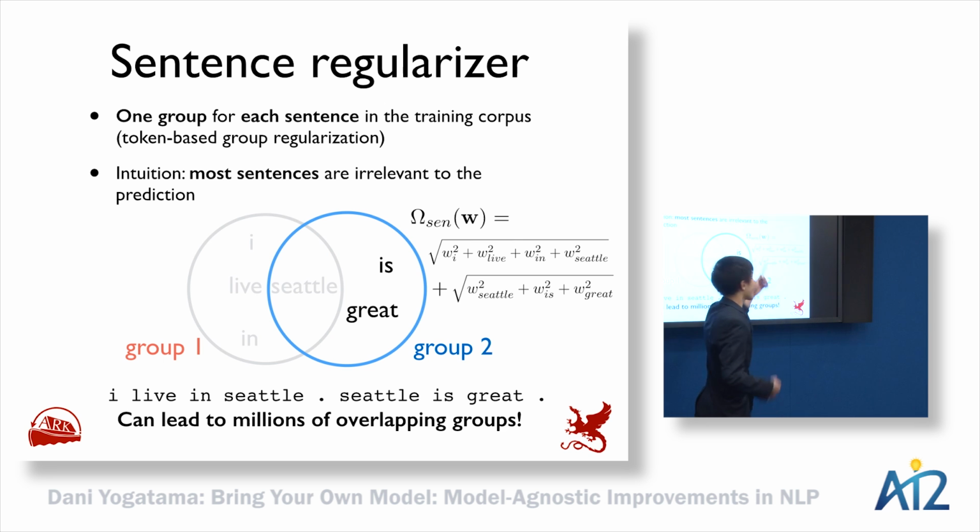The form is an L2 norm. It's confusing. It's not squared L2, it's L2. If we only have a single feature, this will be like the square root of Wi squared, the L2 norm of this entire feature, which is exactly like the L1 of it.